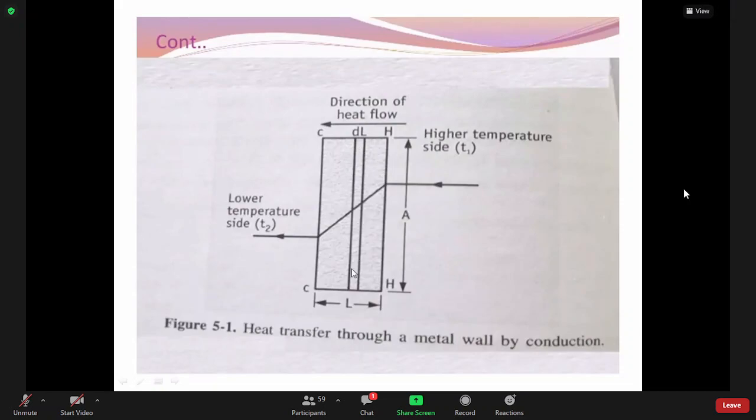So it will be the change in heat in this section, which is delta Q, divided by the change in time, which gives us the rate.